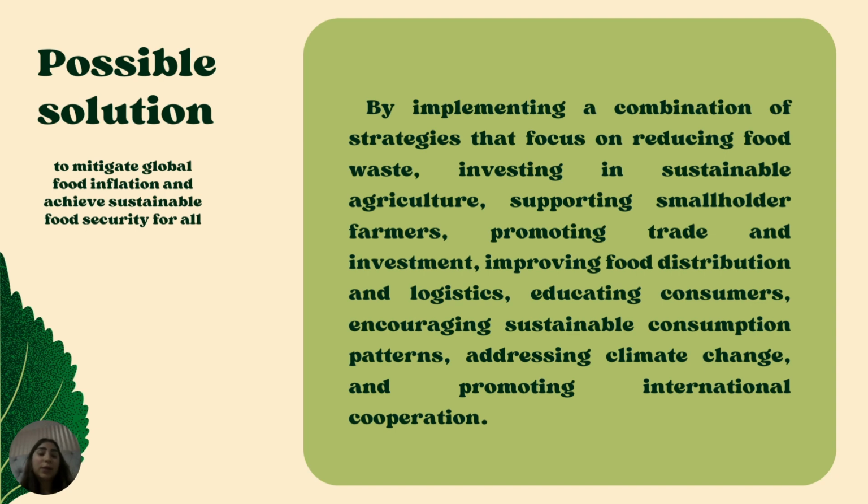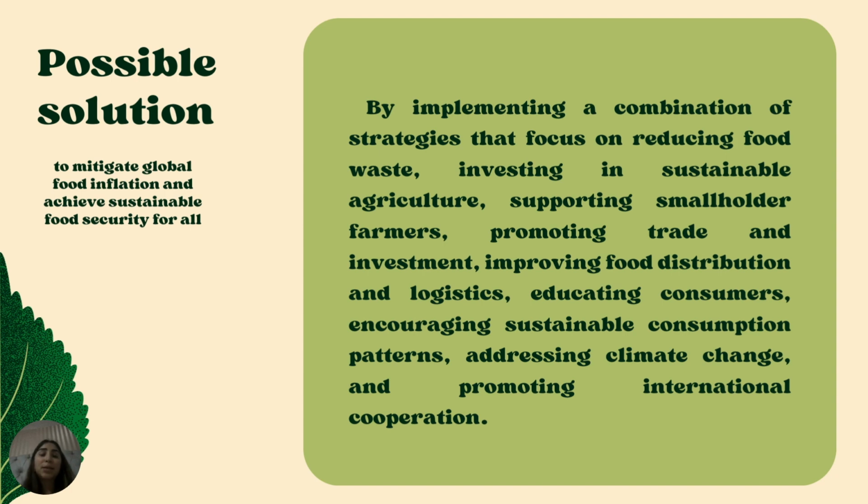Well, as we could see, food inflation is a global problem and it's not easy to solve with one proposal. But in this case, we have a possible solution to mitigate global food inflation and achieve sustainable food security for all.